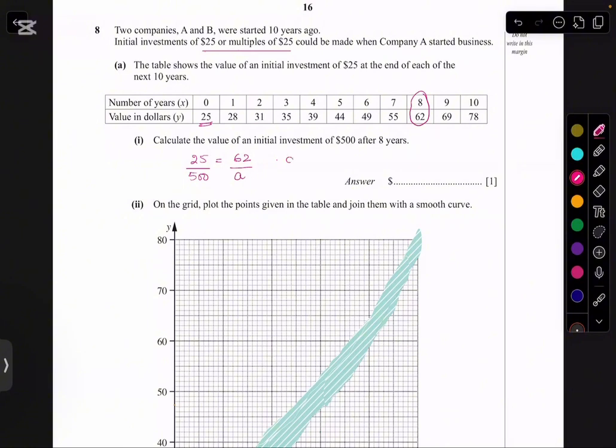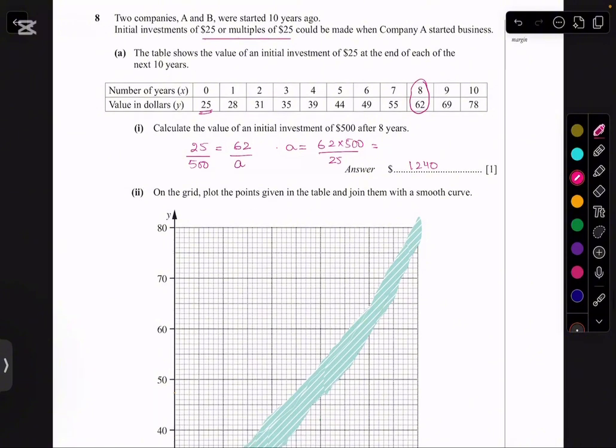I can very easily say that A is 62 times 500 divided by 25, and my answer comes out to be $1,240. These are some critical, simple, basic questions they might ask for graphical representations or graphical function solutions. This is part 1, just for 1 mark.